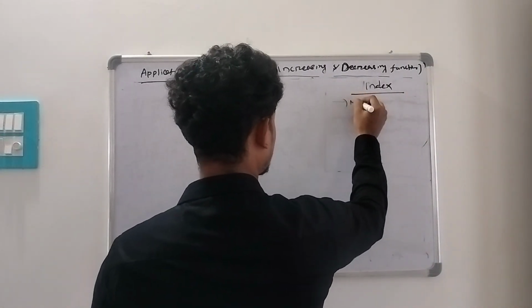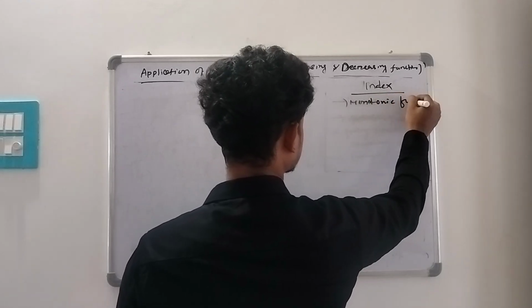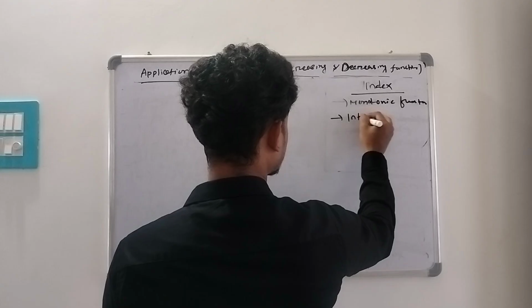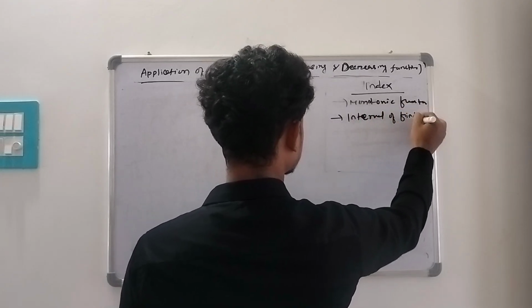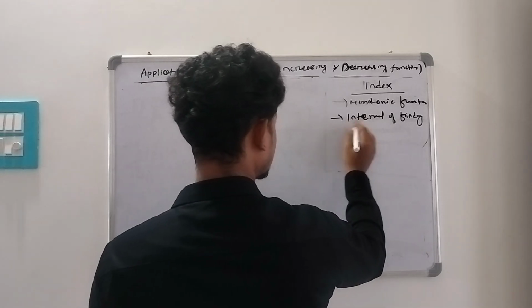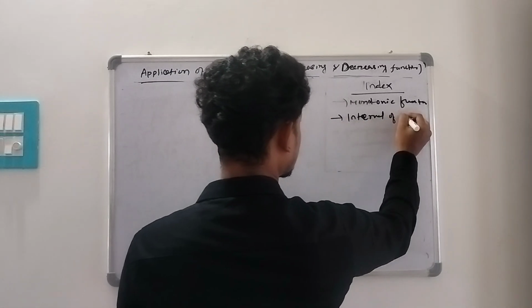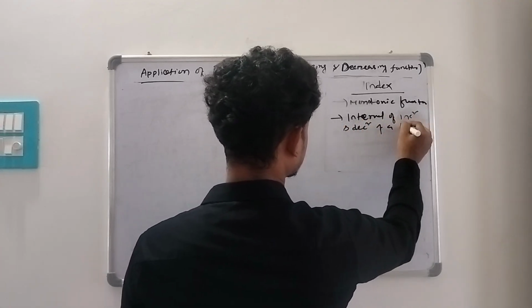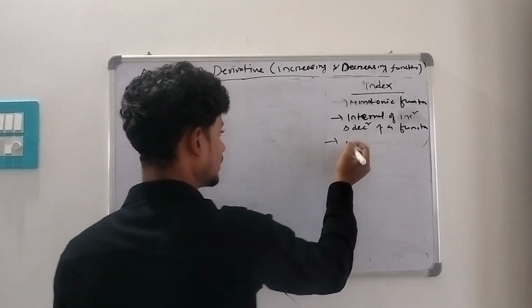So in this lecture, we will learn about what is a monotonic function, and then second, the interval of increasing and decreasing of a function, which we will find using the derivative concept.